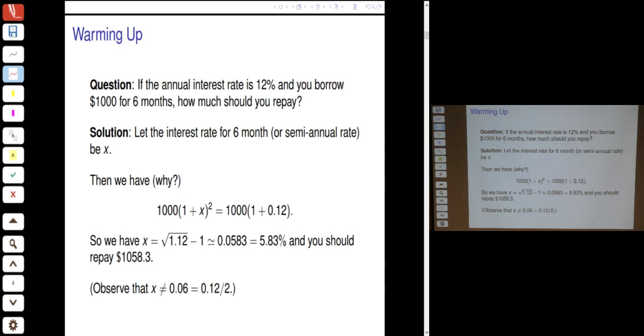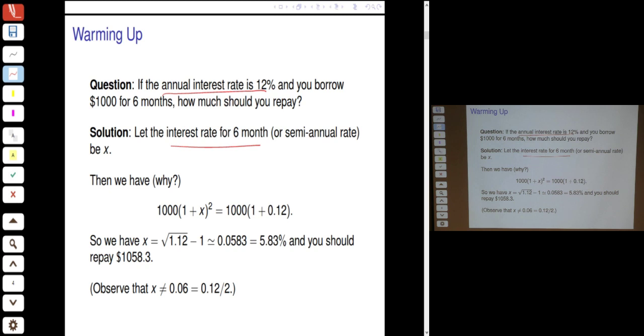Okay. So what you need to do is to work with the interest rate for 6 months, that is half a year. Your first task would be to calculate the interest rate for 6 months from the annual interest rate of 12%, and then it's just simple arithmetic, right?